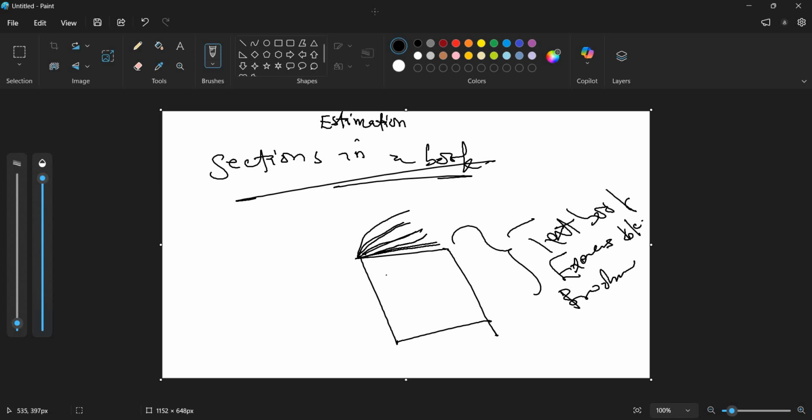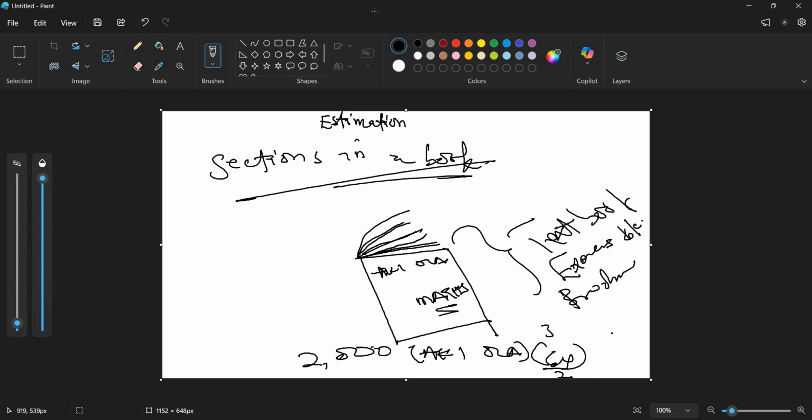And then let's say this is Arceola Math, right? And then we've produced about 2,000 of the Arceola, and they all have 64 pages approximately. We know that one leaflet has 2 pages, so when we divide this by 2, we have what? 32.